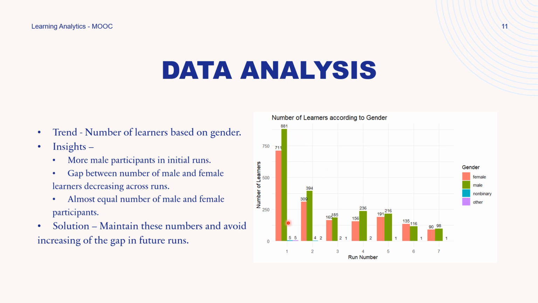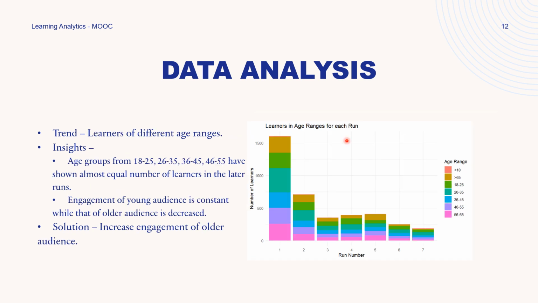As we can see, the male learners were quite high in the first few runs, but as we go further, the numbers of male and female learners are quite matched in the latest runs. The solution would be to maintain these numbers and to avoid increasing the gap between the genders of the learners in future runs.